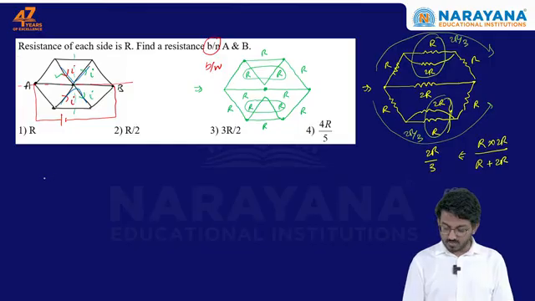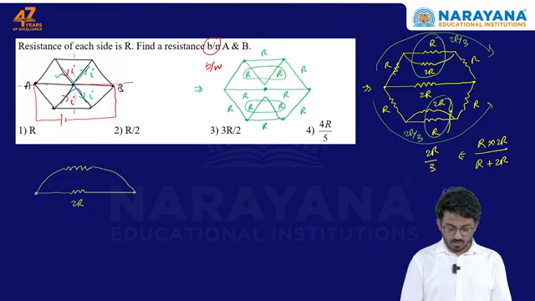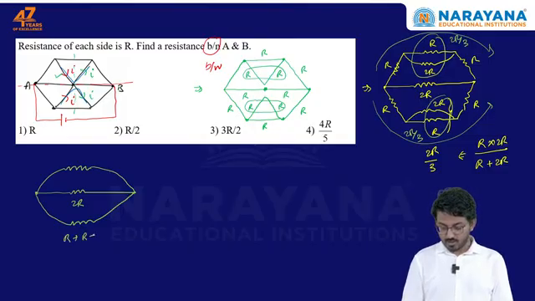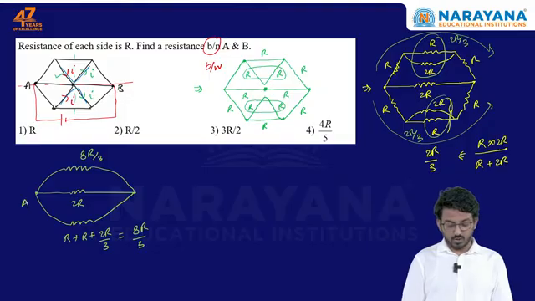So now the diagram can be readjusted as the center line being 2R, and this being R plus R plus 2R by 3 because they are in series, giving us 8R by 3, and this also is the same, so therefore 8R by 3. Effective resistance is going to be these three in parallel.